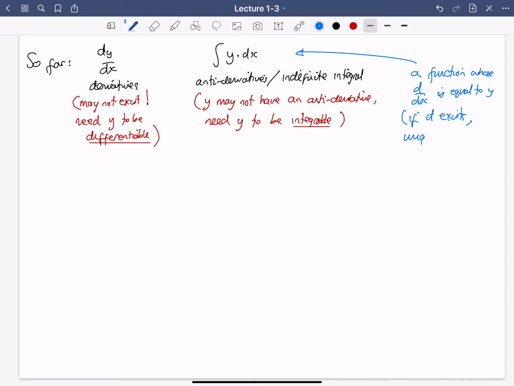It's unique only up to adding a scalar c. So we talked about that for antiderivatives. You need an extra piece of information to uniquely work out what that function is, given some initial condition. So that's roughly where we are. Now the main topic today, I want to tell you about the definite integral.